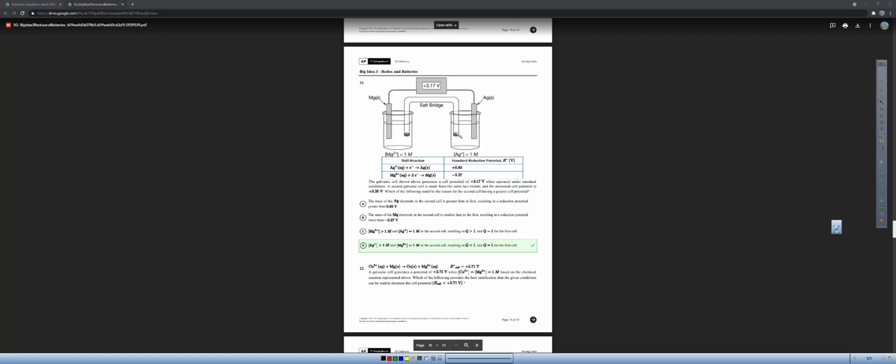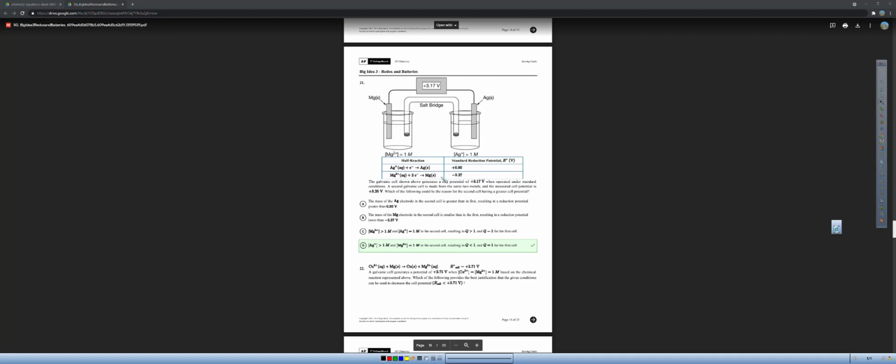All right, so what I have to do, I'm looking at another non-standard solution. I have 2 molarities of 1 molar and 1 molar. That's a standard solution. But they're telling me that my voltage is different than what I expect. It's greater than what I expect. Now I see that my magnesium is going to lose electrons.